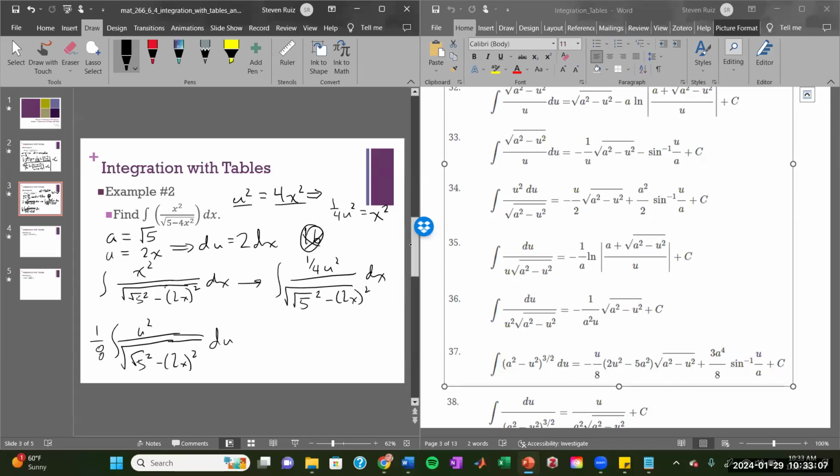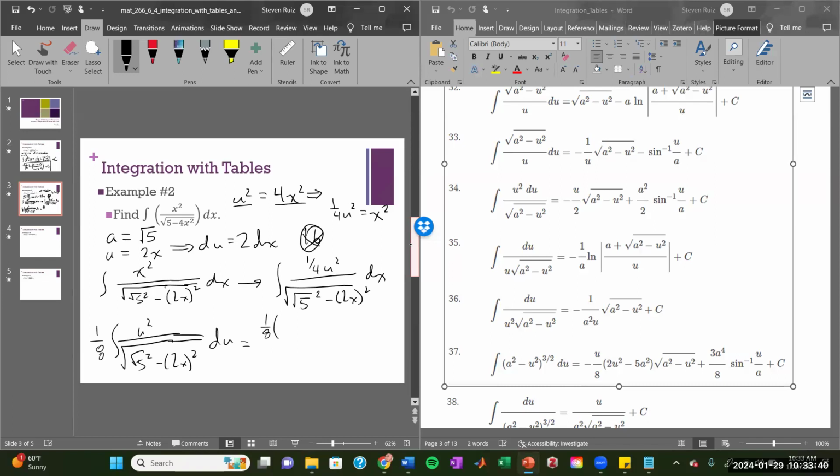All right. What does this integral equal then? So we got a 1/8 times something. But now that we've done this, what does the right hand side of the formula give us? Negative x. How'd you get negative x?